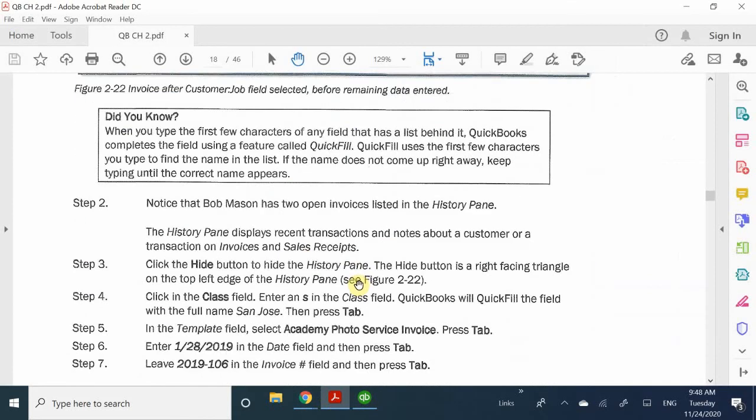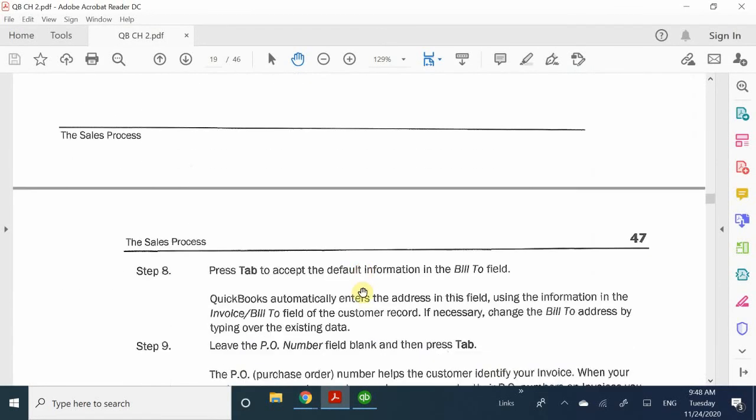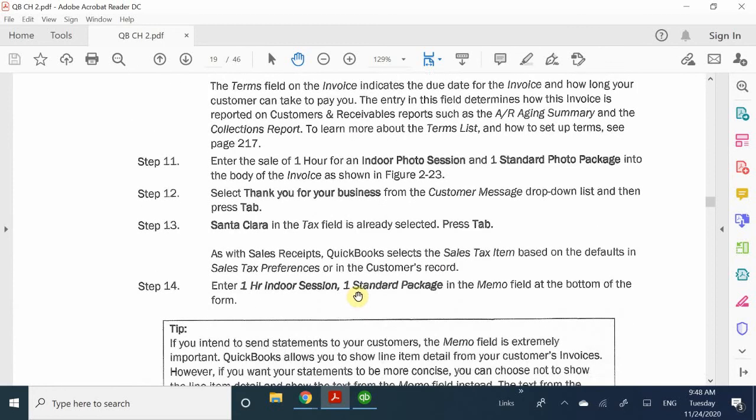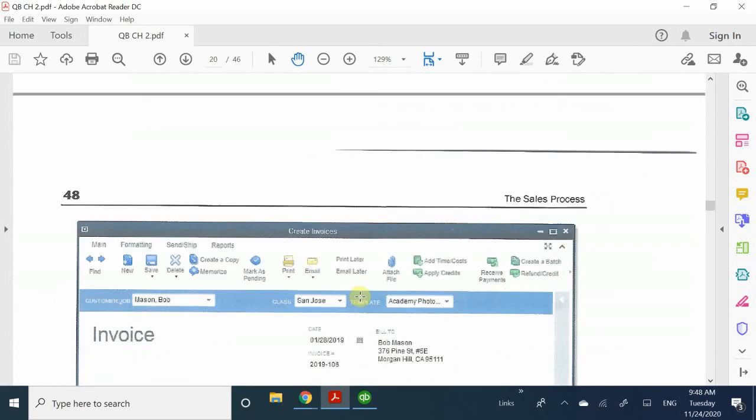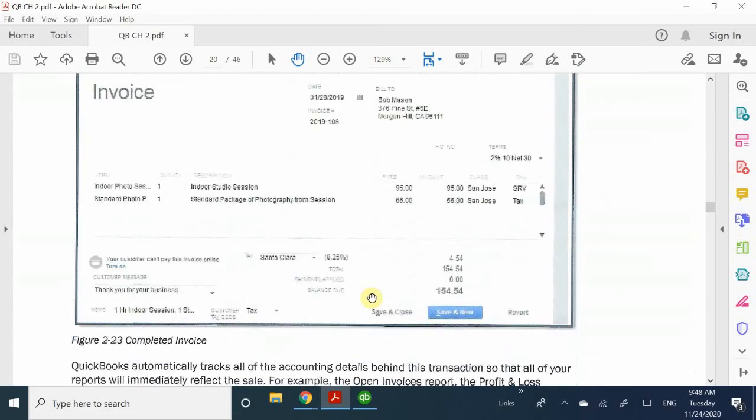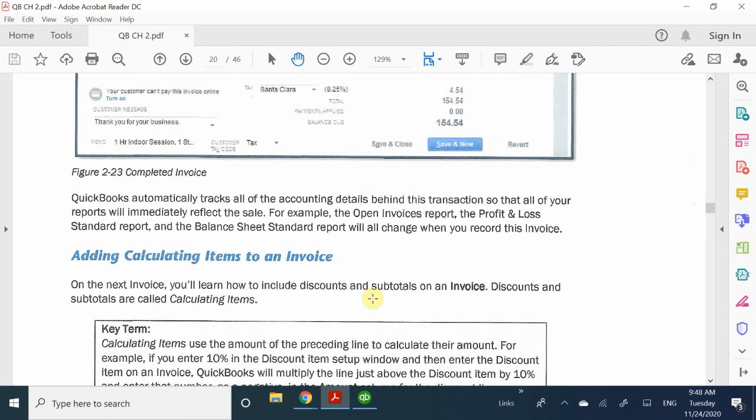Now that we've completed that, it's pretty straightforward, pretty easy. The next one we're going to look at is, what happens if we want to do additional calculations? This is an important thing that you should know, especially if you give discounts, or for example, you have a store-wide discount.